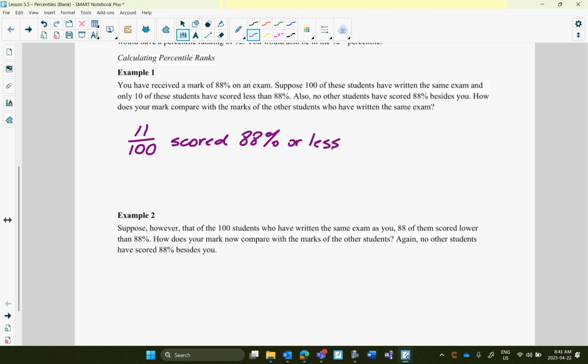So therefore, we just divide it, 0.11, which equals 11, sorry, we don't write percent, we write 11 percentile.